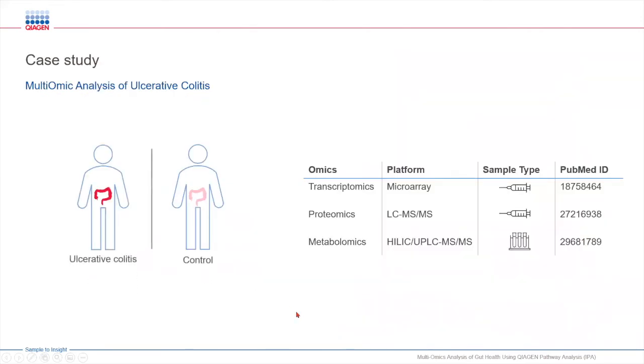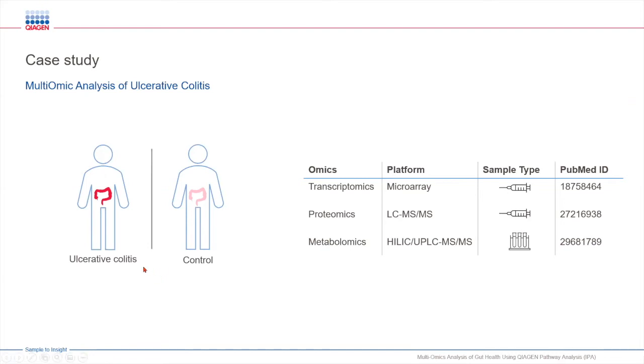So today we are going to work with three types of omic data sets from these published studies where transcriptomics, proteomics, and metabolomics was performed using colon biopsies and serum samples from ulcerative colitis patients and control subjects. So in this scenario, we are interested in characterizing the metabolic changes that occur in ulcerative colitis.